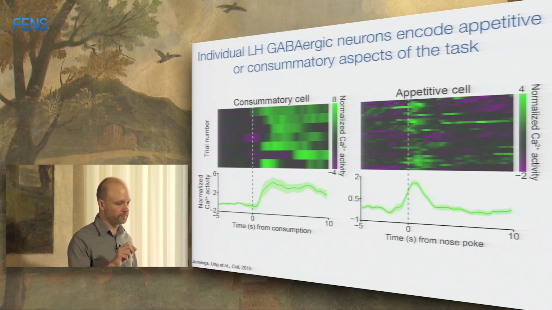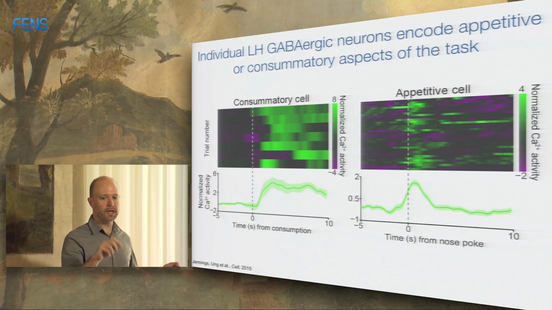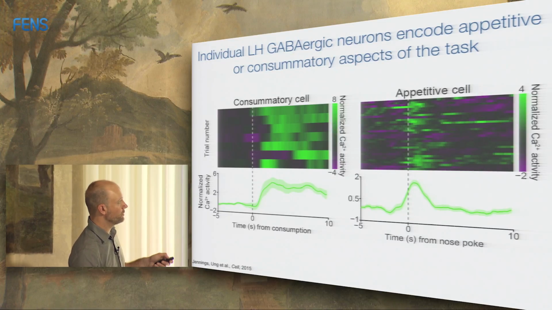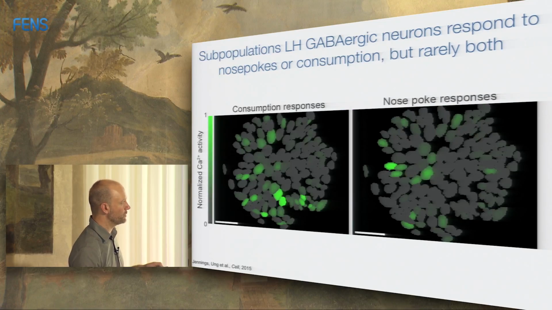You can look at activity time locked to the action of nose poking or the action of consuming the sucrose. In both cases, we saw a number of cells that showed increases in their activity time locked to these different events, the appetitive nose poke events or the consummatory lick events.